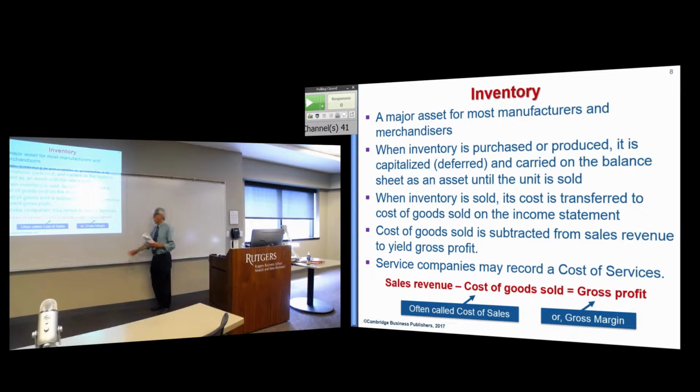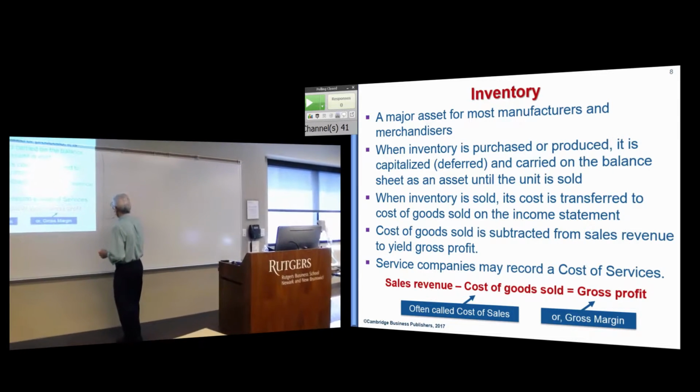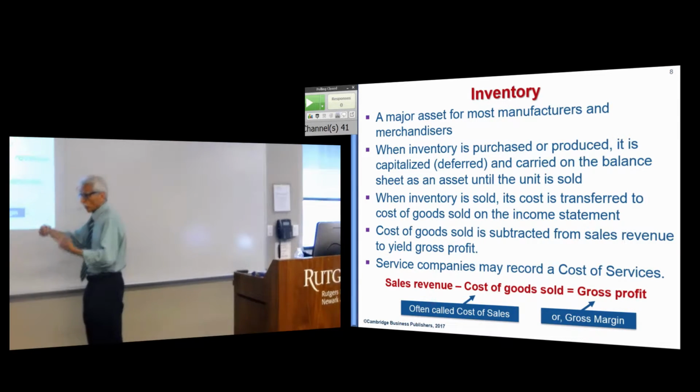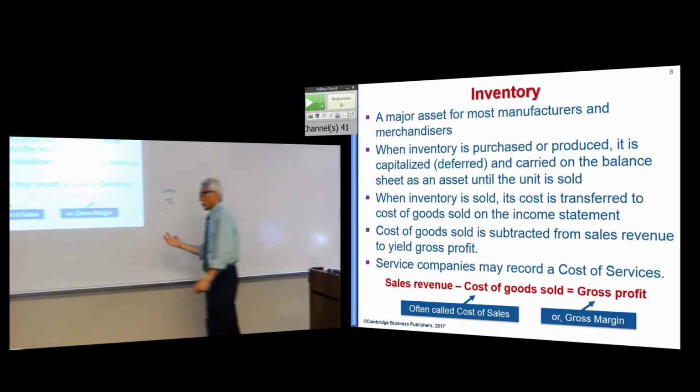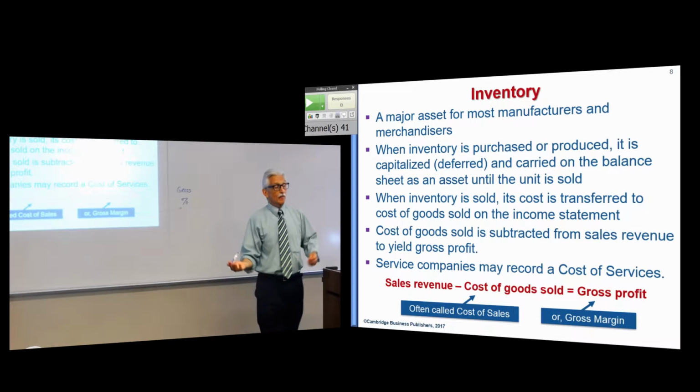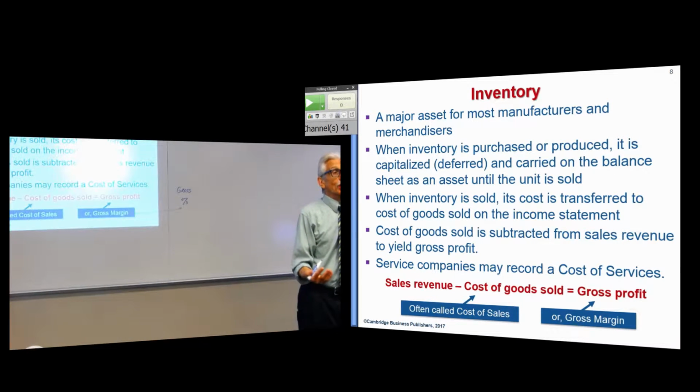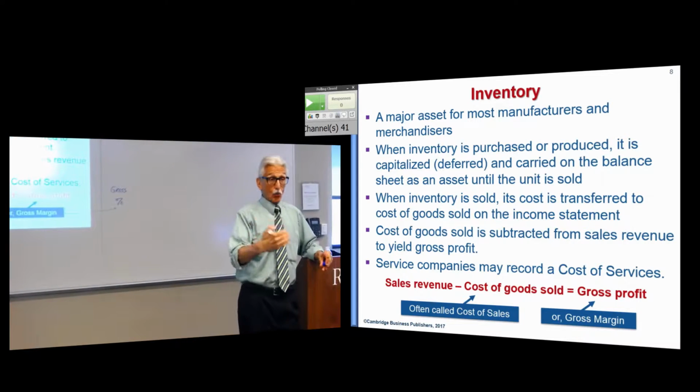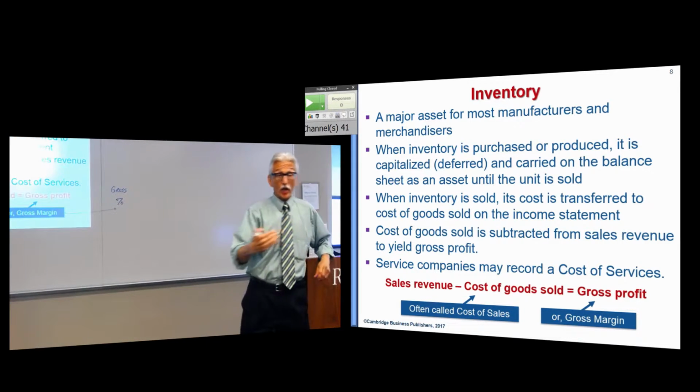So the gross margin or the gross profit, by the way, terminology, you have to be a little careful here because gross profit is usually an absolute dollar amount. The gross margin is usually in percentage terms. Although sometimes the terms are used synonymously. So if I ask you on the final exam, I want the gross margin, you have to be clear as to whether or not I'm looking for the percentage or the dollar amount.